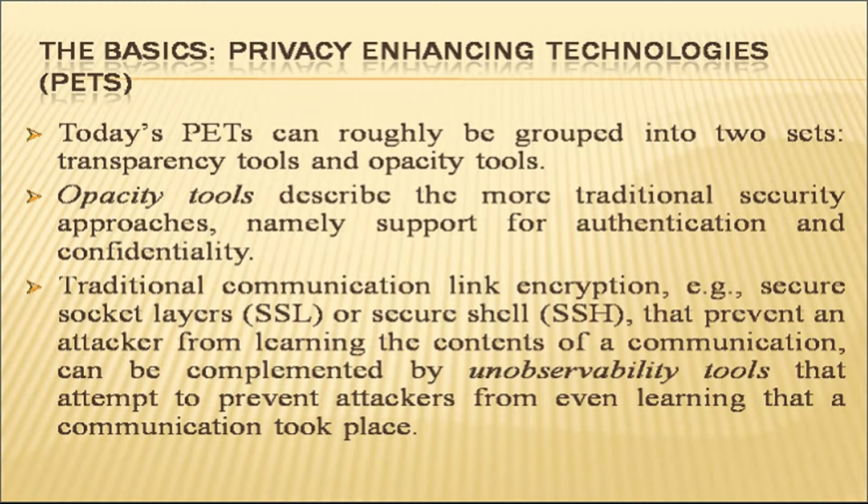So the meaning of word opacity is quality of lacking transparency. So here more traditional security approaches, which are named as support for authentication and confidentiality, are tried to implement.